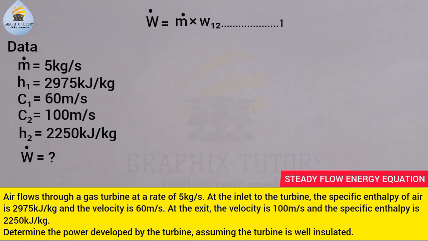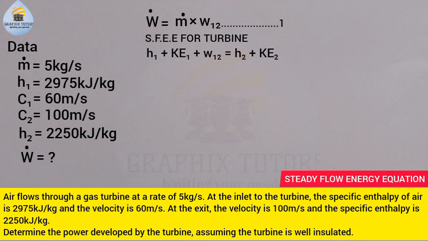Now the steady flow energy equation for a turbine gives us the enthalpy at state 1 plus the kinetic energy at state 1 plus the work transfer equals the kinetic energy at state 2 plus the enthalpy at state 2.